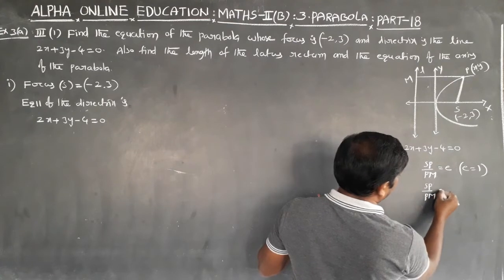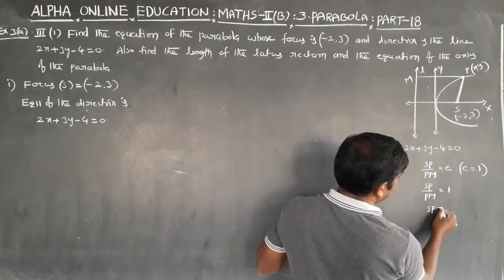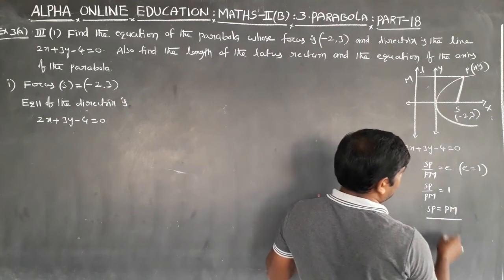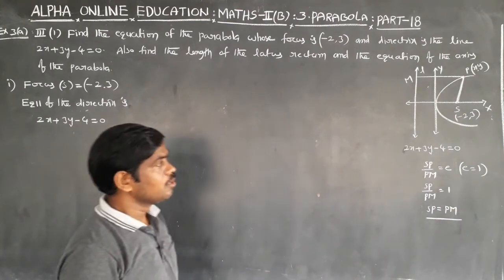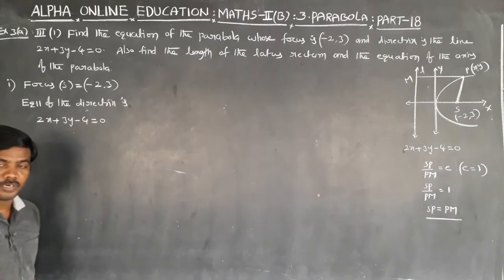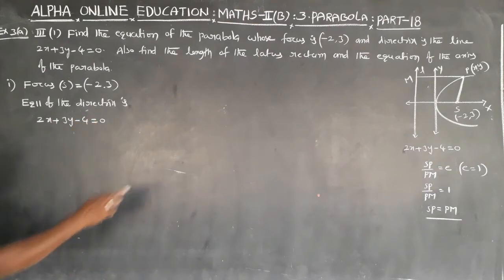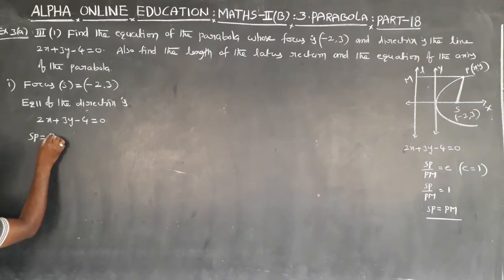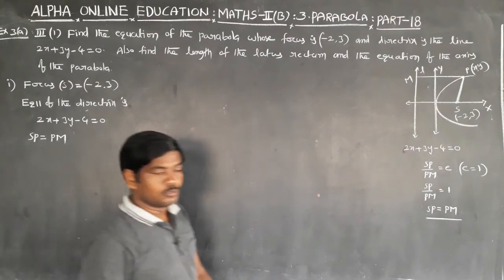So SP by PM is equal to 1, that is, SP is equal to PM. Let P(x, y) be any point on the parabola. By the definition of the parabola, SP is equal to PM.